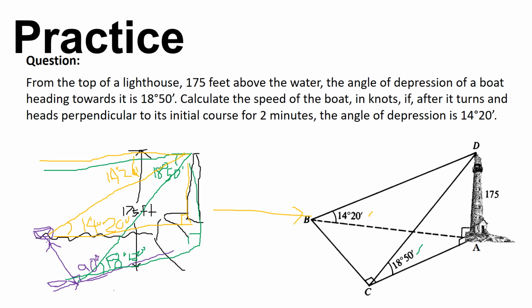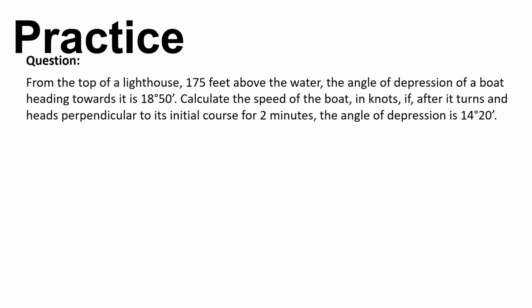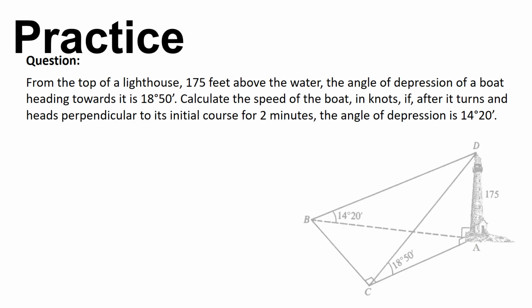Now, that's the first step. We have successfully drawn the problem. Next step, step 2. Now let us solve for the measures of the relevant parts of the three triangles formed in the diagram.